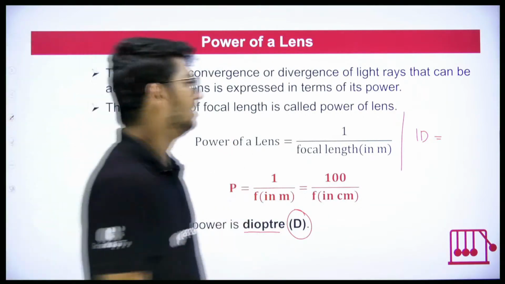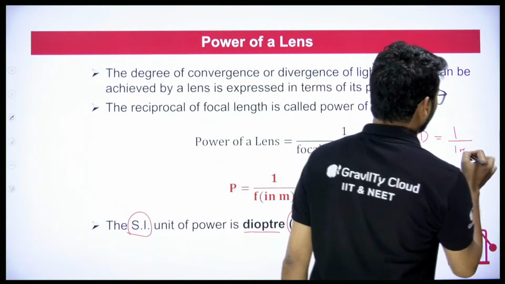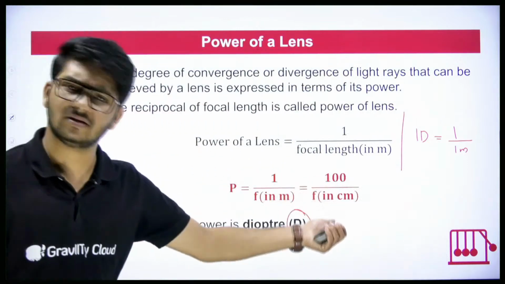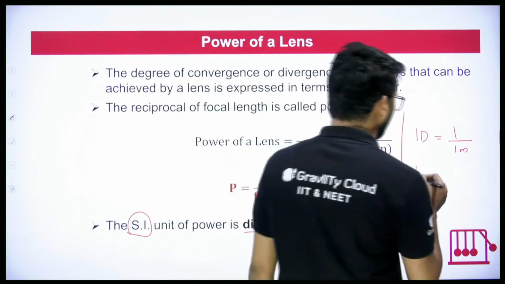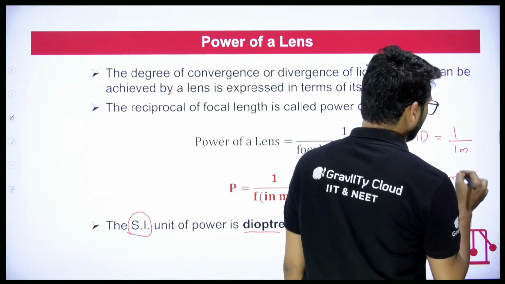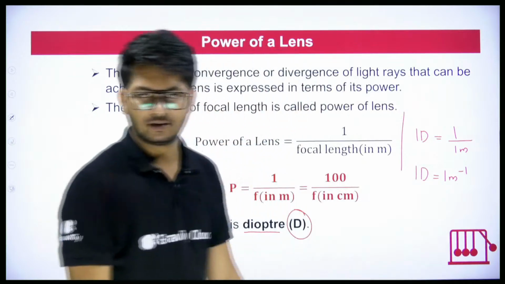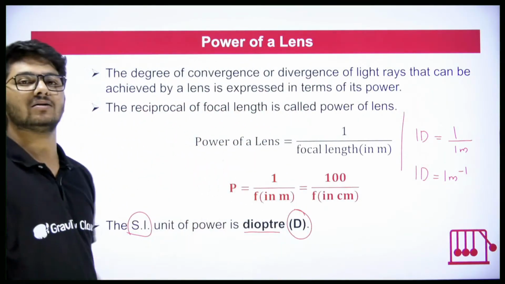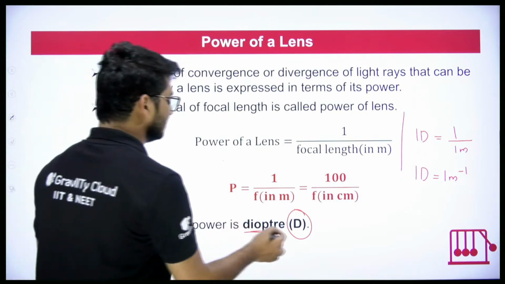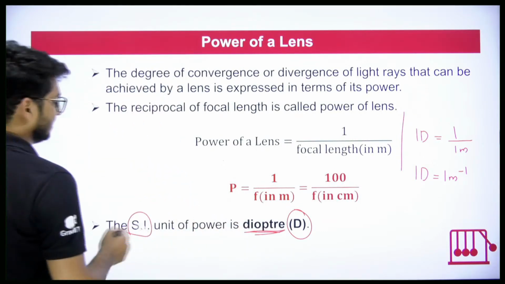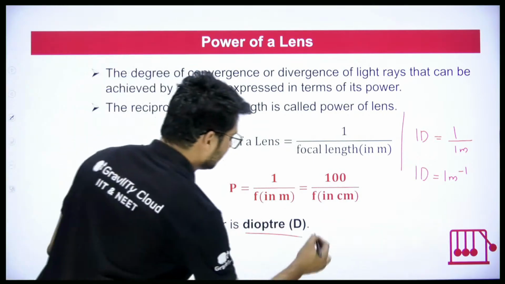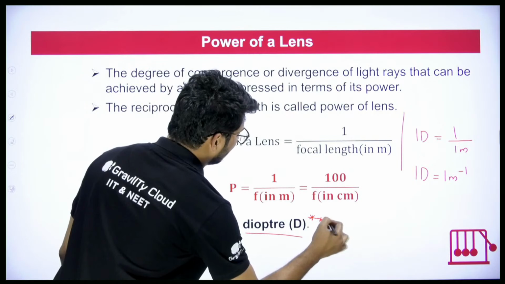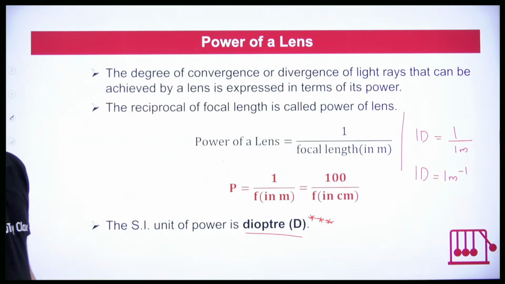So 1 diopter is equal to 1 by 1 meter, where focal length is also in SI units. 1 diopter is equal to 1 per meter, because meter is in the denominator. So diopter is the SI unit of power. Symbol is capital D. Very, very important point, because normally people forget that.